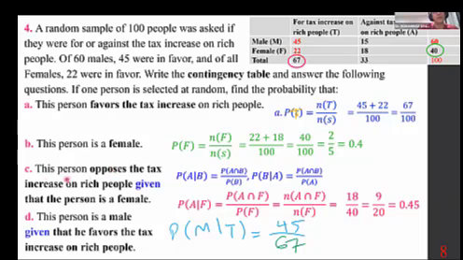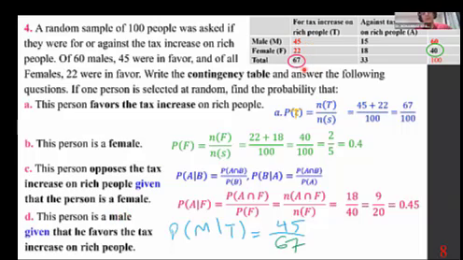And this person opposes the tax. So look at this row and opposing tax, 18 over 40. Of course, we can simplify it. Whereas here, what comes after the given favors the tax increase, total of 67. What comes before that, that's the numerator, 45 out of 67.